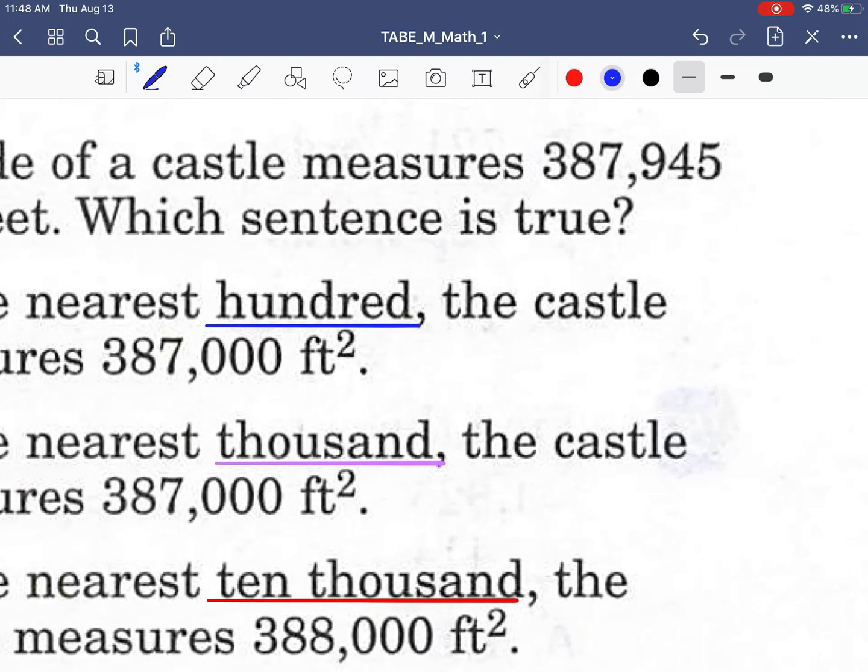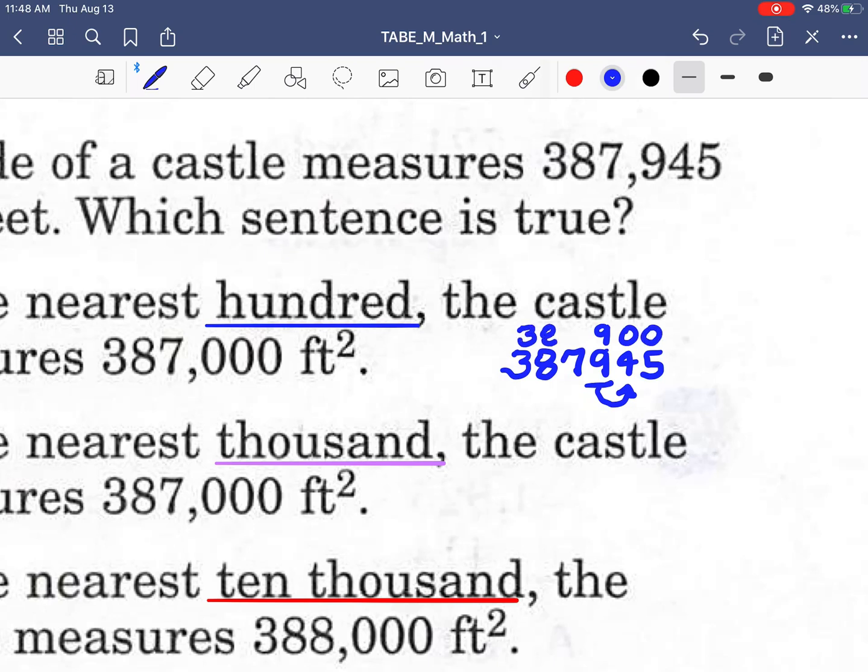I'm going to bring the actual dimensions of the castle right down here. So 387,945. And this is to the nearest 100. So you look at the neighbor. Neighbor says stay.